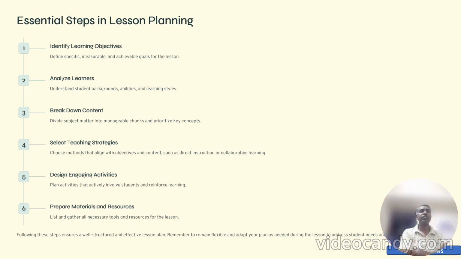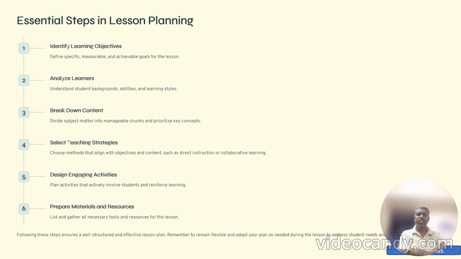While preparing a lesson, we always add a closure activity, because for the whole class we are teaching so many things, but in the closure we have to sum up everything. The last minute learning is very strong for the students' minds.